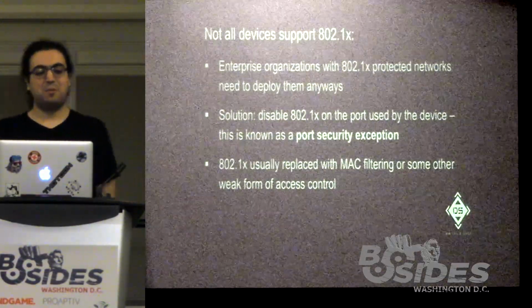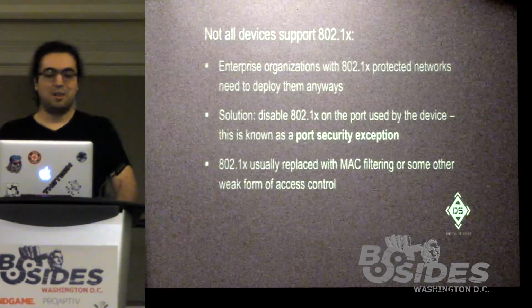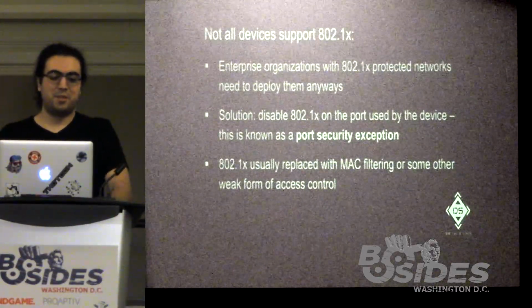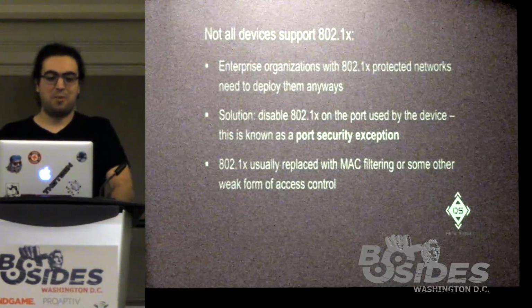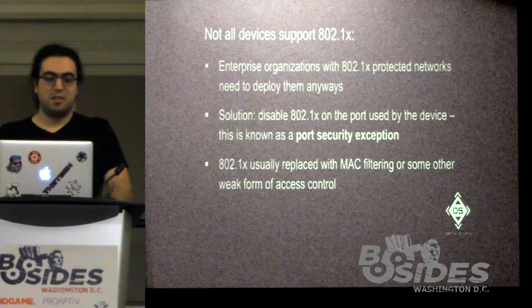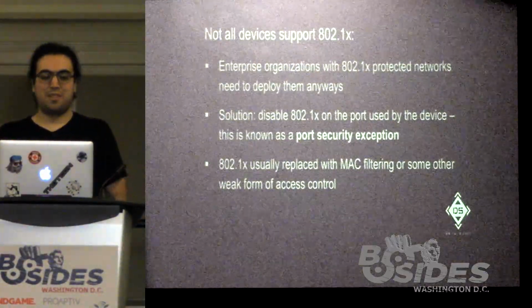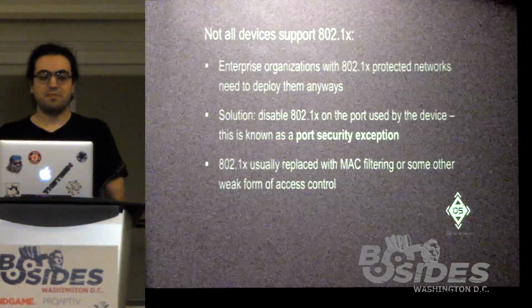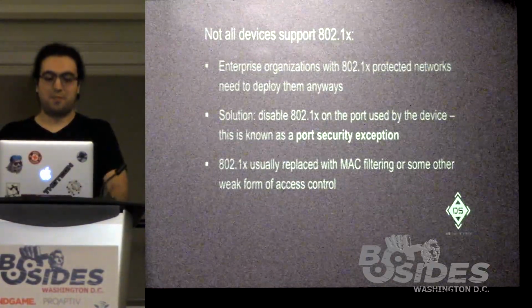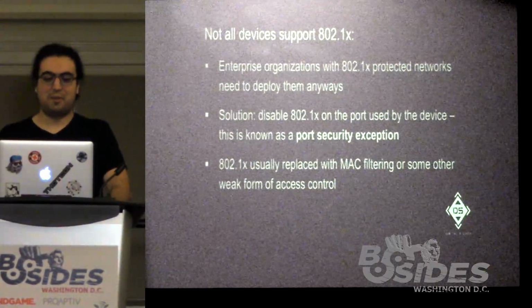When you do this, you're creating what's known as a port security exception. Usually at this point, you replace 802.1X with some other more rudimentary form of port security, such as MAC filtering. But the important part is that you're making exceptions within your 802.1X coverage for certain ports, so that certain devices can connect to your network.